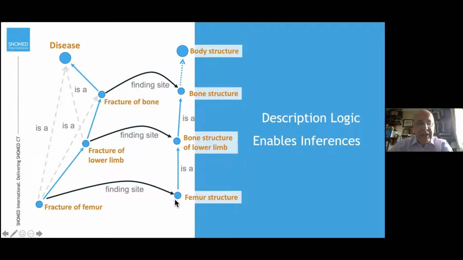But equally on the attributes and the value side, femur structure itself, which is a value for fracture of femur, is also a type of bone structure of lower limb, which itself is the attribute value for fracture of lower limb. And bone structure is also the attribute value for fracture of bone. So the logical progression is not just on the ISA relationships, but also governs the values themselves that are used to define those concepts.